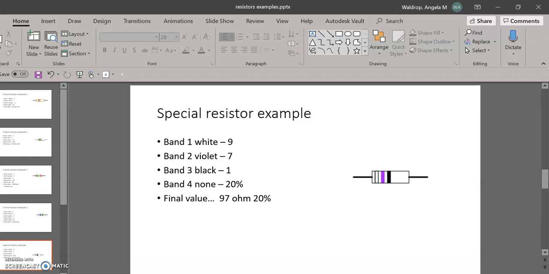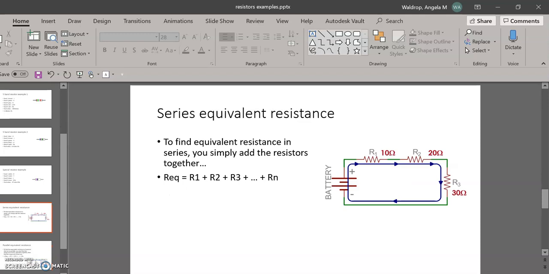Now, the rest of this video, I'm going to be showing you guys how to find equivalent resistances. That's also something that we need to take care of. If we have a circuit that's in series, and this is the same circuit that was in your other PowerPoint, I went ahead and just copied it and pasted it here. All we need to do is simply add these numbers together.